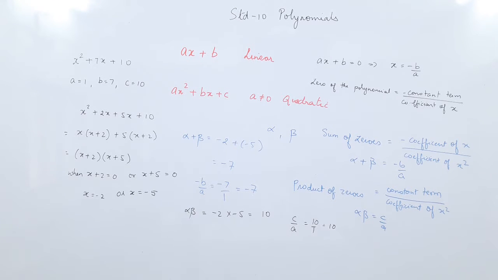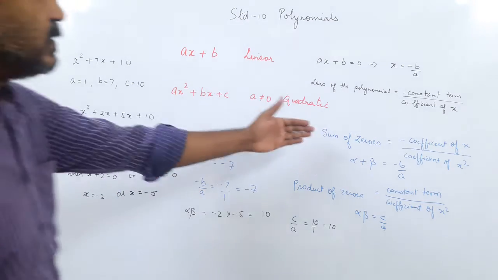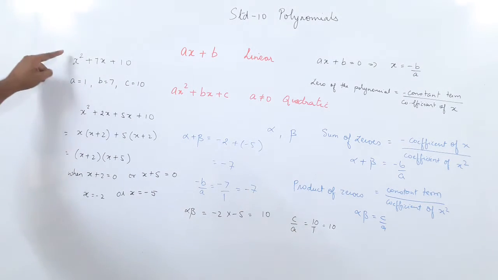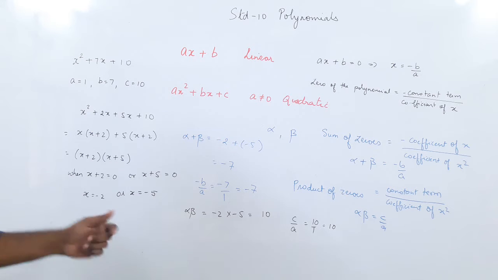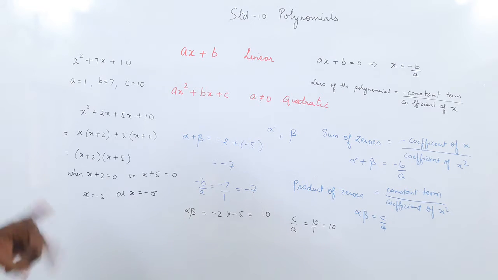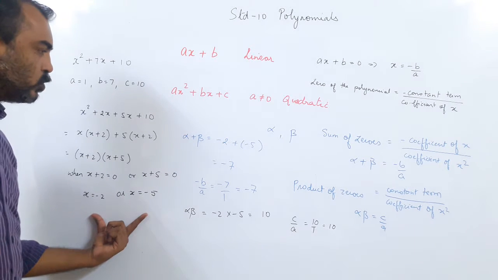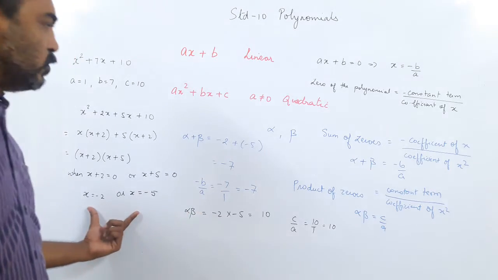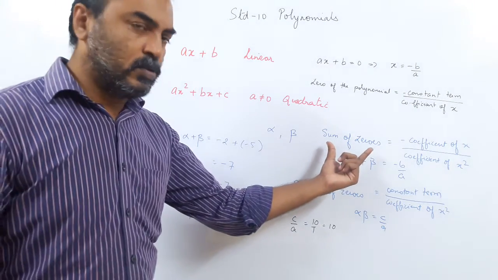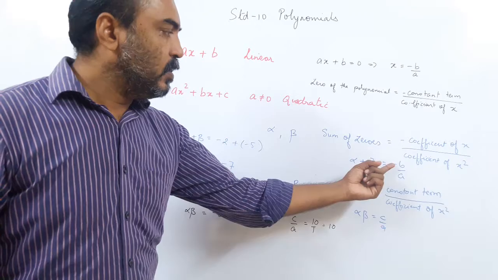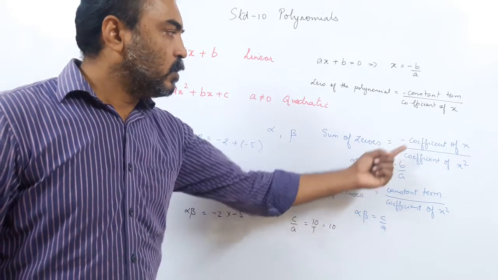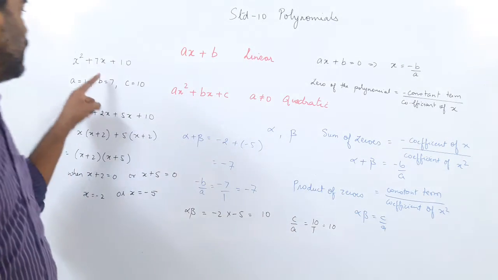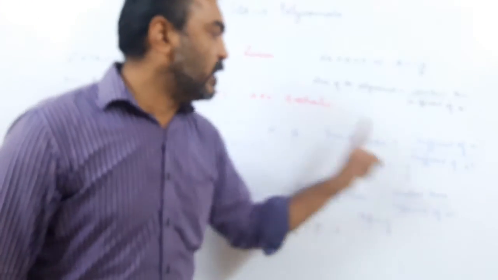Are you clear what we did here? What is this saying? Whenever you have a quadratic polynomial, you will have no roots, one root or two roots. But whatever zeros you get, the sum of the zeros will always be minus b upon a, the negative of the coefficient of x upon the coefficient of x square.